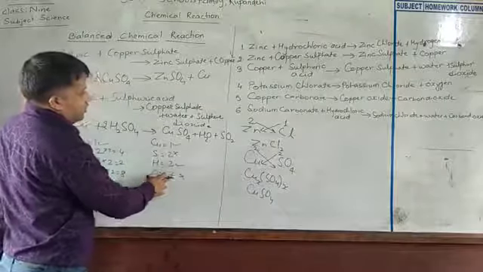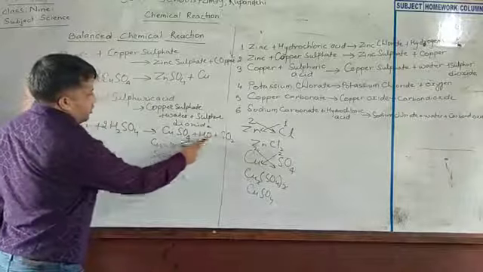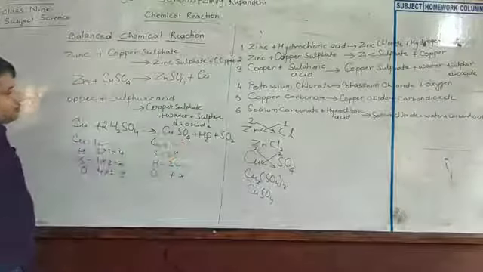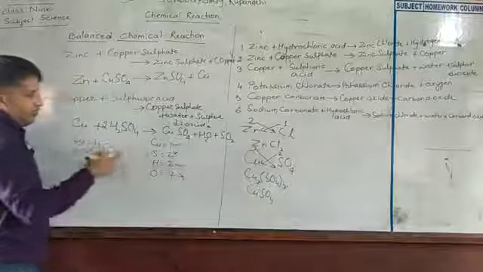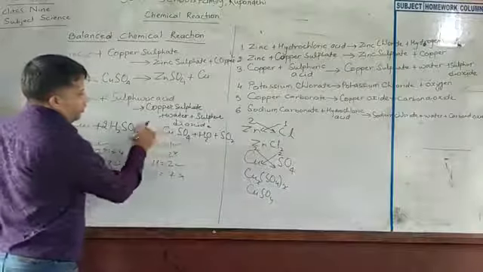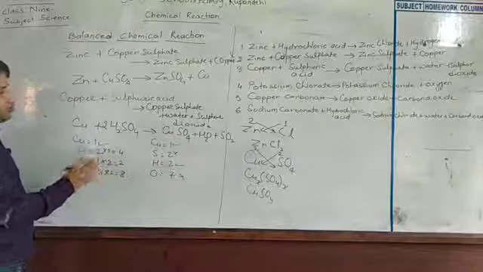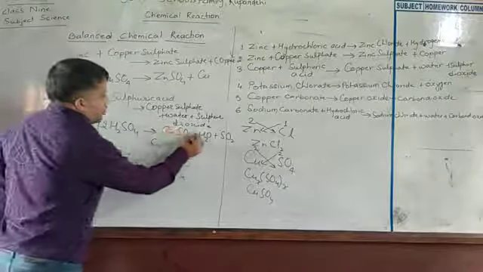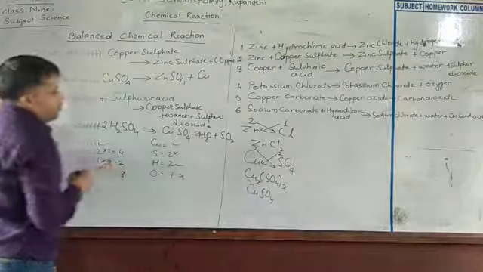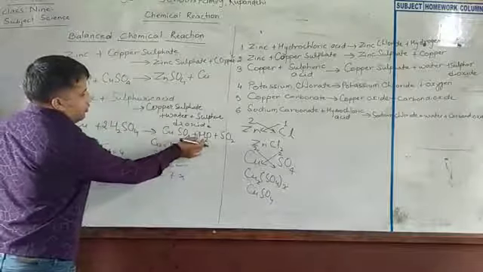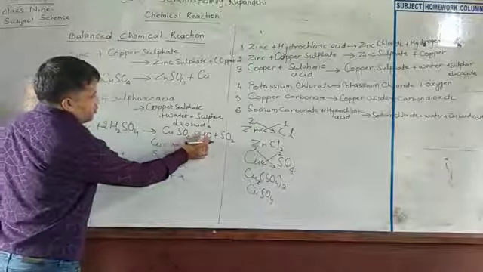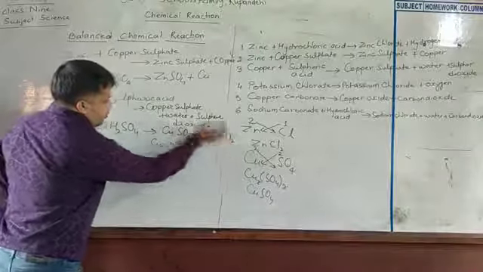Oxygen is 8 here and 7 here. Where is oxygen? Oxygen is here also, and here also. Suppose we keep, let's see, we have to use the hit and trial method. If we keep 2 here, is it possible to balance? No. But if we keep 2 here, now count 4 plus 2, 6, plus 2, 8.